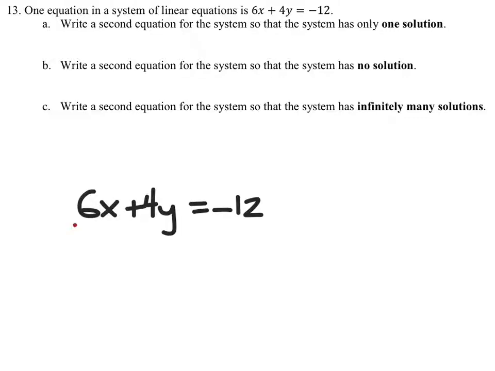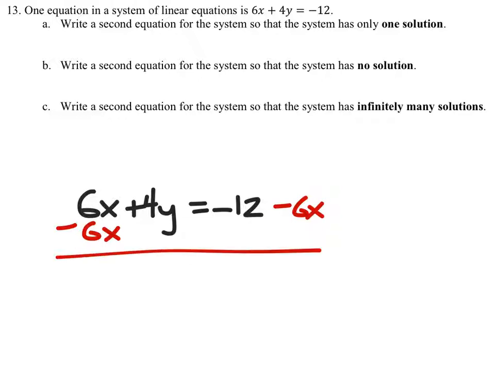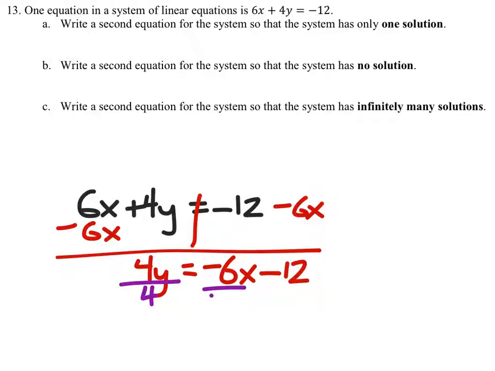We'll subtract 6x from both sides. I got 4y equals negative 6x minus 12. Then divide everywhere by 4. So I got y equals negative 3 halves x minus 3. That's the equation I have.